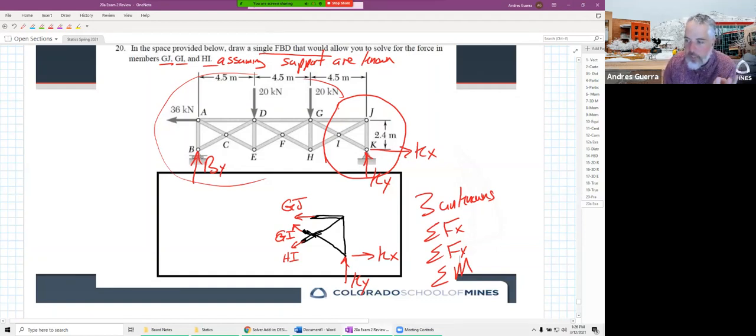And so that means we can handle 3 unknowns. So to complete this, we need to add dimensions here for this to get full credit. And then once we add those dimensions, that's a complete FBD there. And like I said before, if we went to the left of the cut there, that could also get you full credit, would get you exactly the same answers.